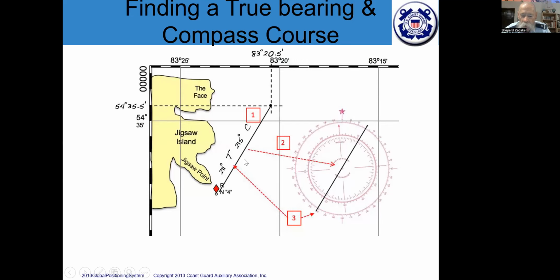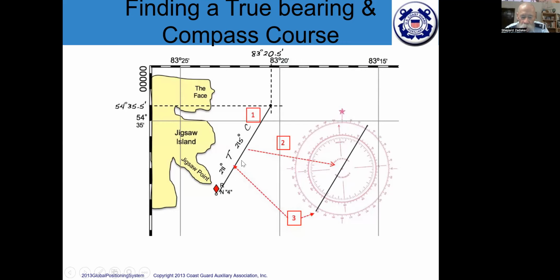Remember, Doug talked about transferring this over to the nearest compass rose. You always choose the nearest one because magnetic variation changes over the face of a chart. Many charts will have many compass roses, so you always want to use the closest one to the line you're going to run.